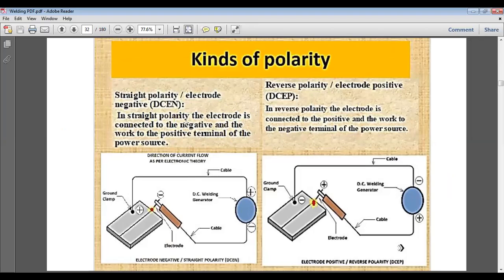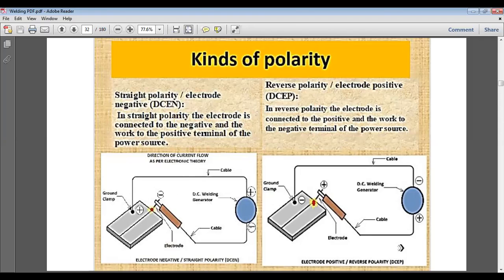The polarity is very simple, but we have to listen carefully that there are two terminals of battery. One is positive terminal, another is negative terminal.